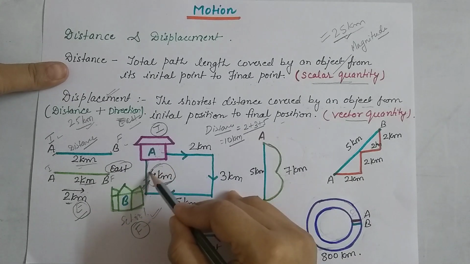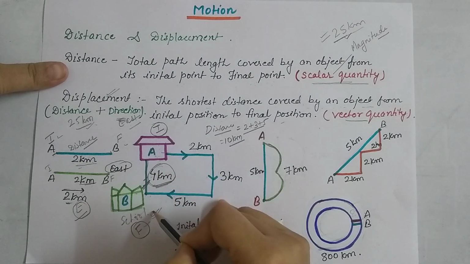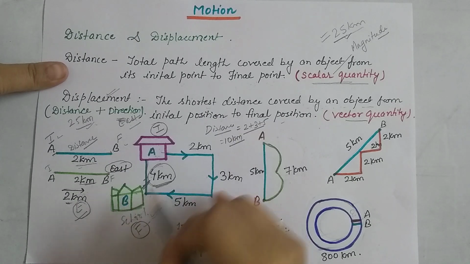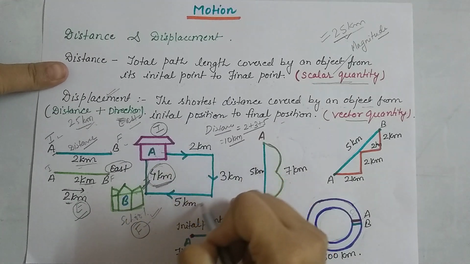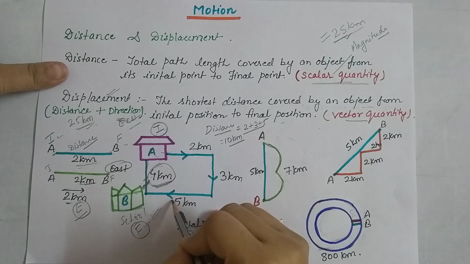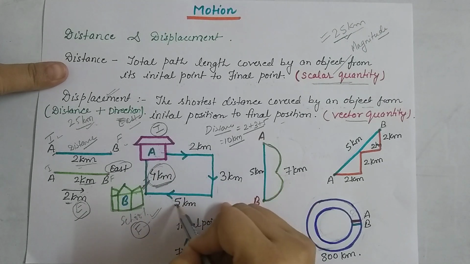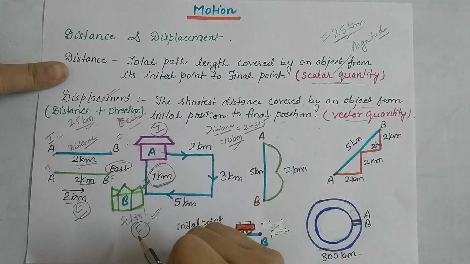So displacement shows the shortest distance from your initial point to final point. It shows how far you are from the initial point. It doesn't show the total length you covered. So the total length you covered, 2 kilometer, 3 kilometer, 5 kilometer, and then you come to school, that shows the distance.